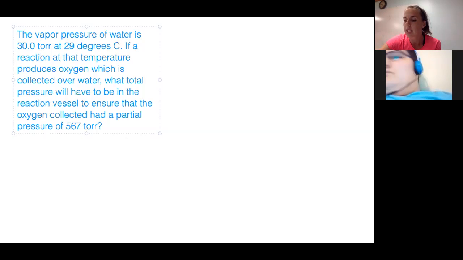Okay, what I'm seeing here is partial pressures and total pressures. So we are going to end up using Dalton's law of partial pressures. I'll write that here.